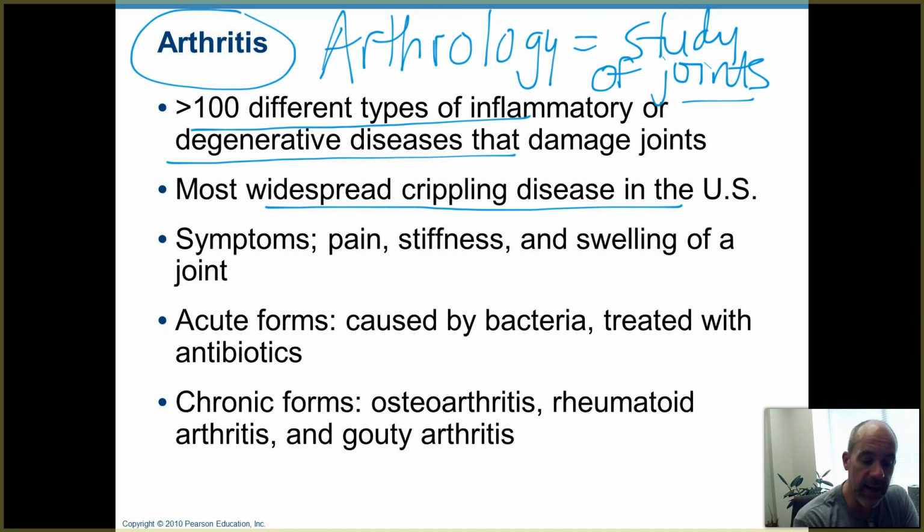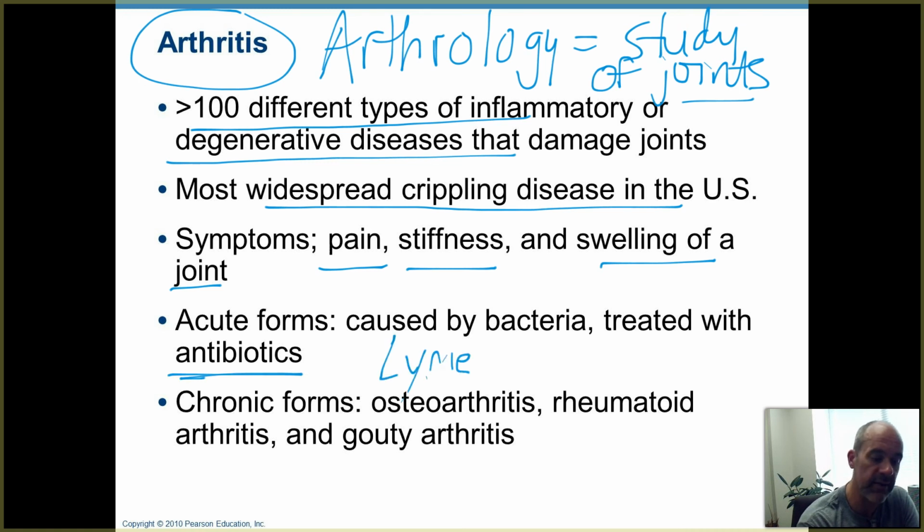You can have pain, stiffness, and swelling of the joints. If you have swelling around a joint, that's going to reduce your range of motion. That makes sense; that's why your joints become stiff. There are different types. You can have arthritis that's actually caused by bacterial infections, and those are treated by antibiotics. One type of bacteria that causes arthritis is the Lyme disease species of bacteria, which you'll probably learn more about in your microbiology class.